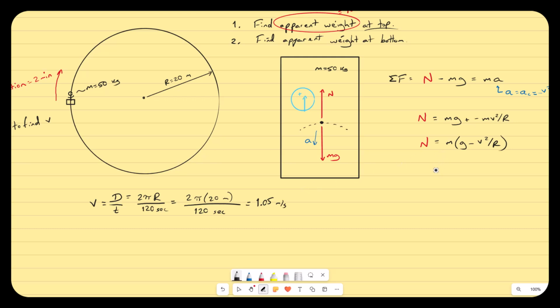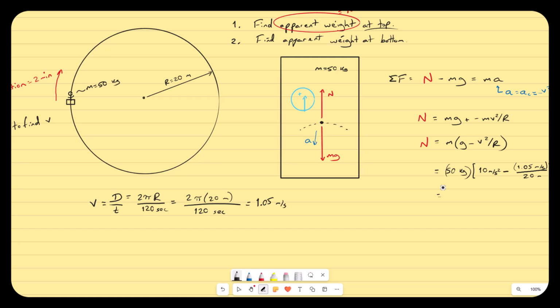So when I plug in over here, I'm going to get my mass times g minus 1.05 meters per second squared over 20 meters.